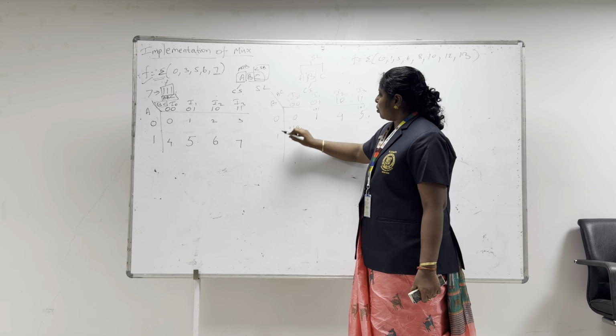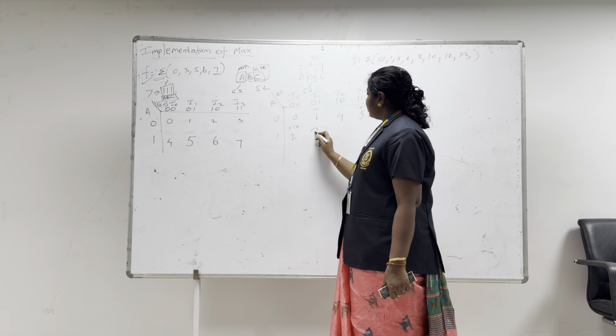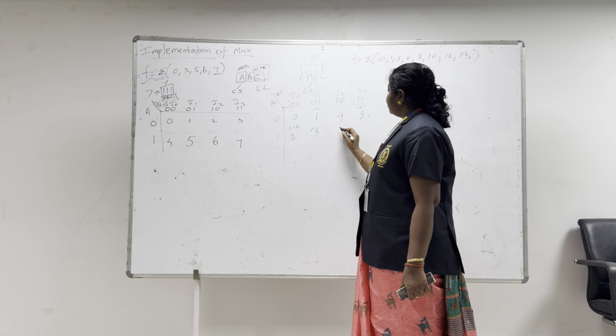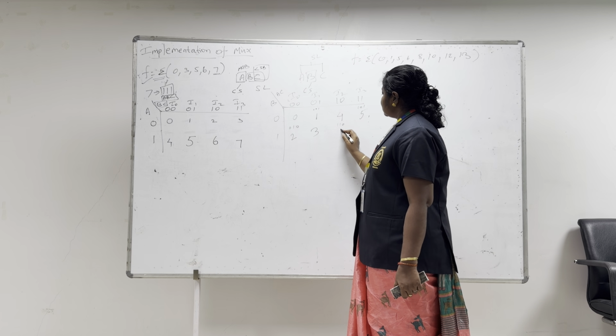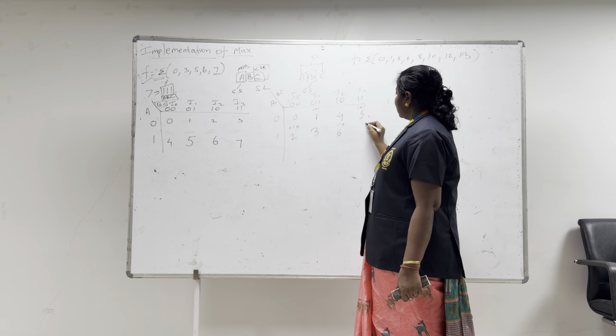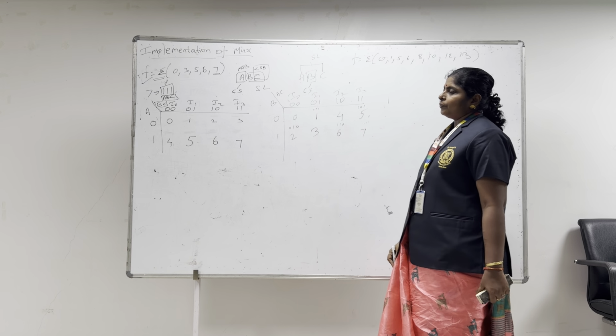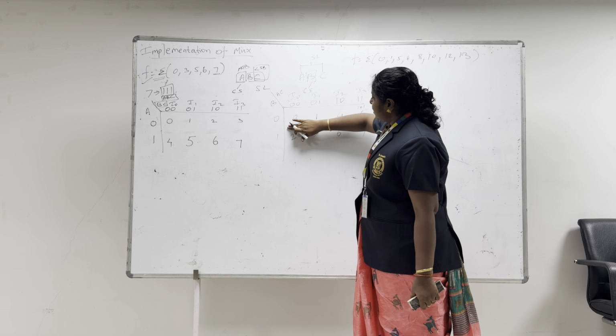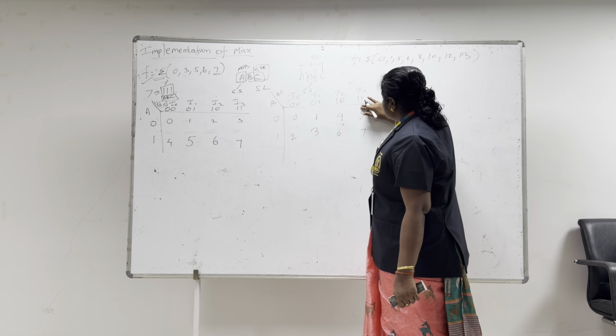Here it is 0 1 1, which is nothing but 3. Here it is 1 1 0, which is nothing but 6. Here it is 1 1 1, which is nothing but 7. Okay, so this is the difference. Can you make out the difference? So this is how you're supposed to fill this column.